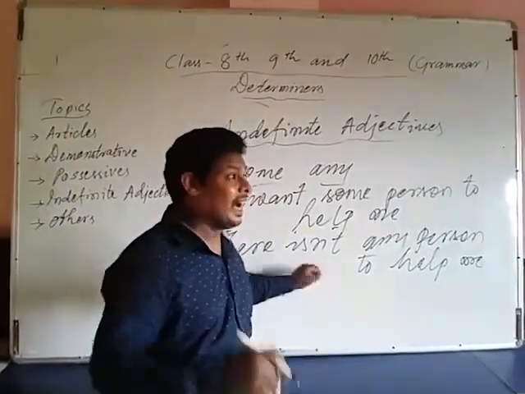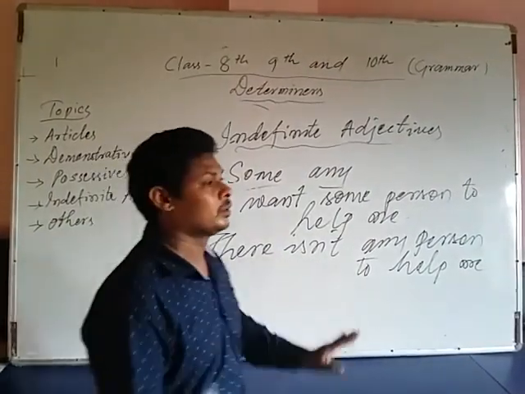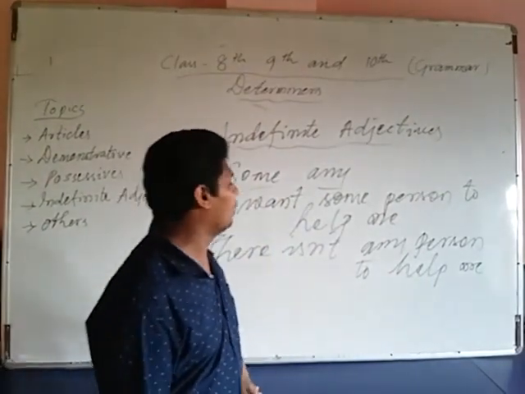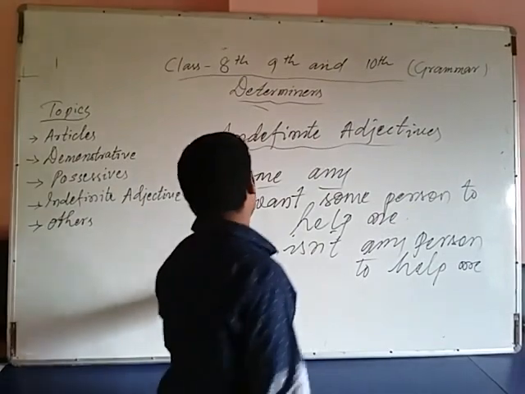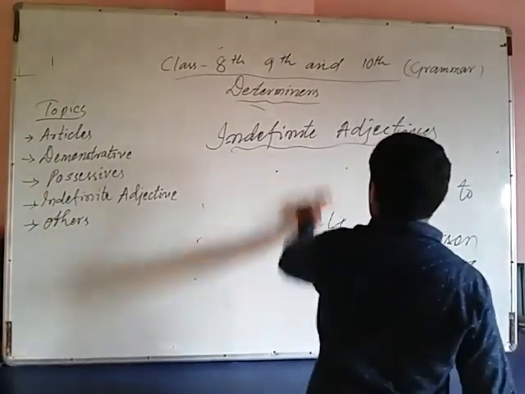So to deny, or there is a negative sense of saying, is that there is no one to help me. So this way, some and any are used as indefinite adjectives as determinants.